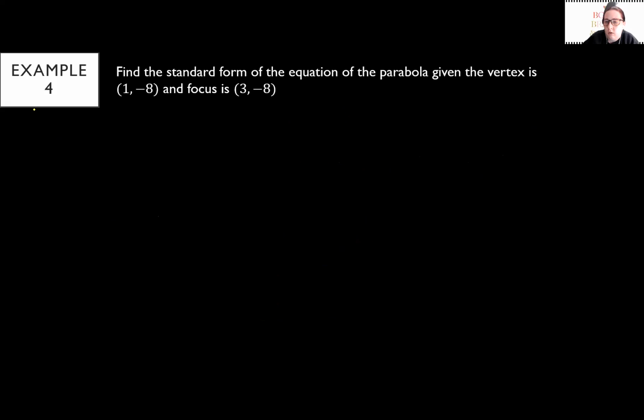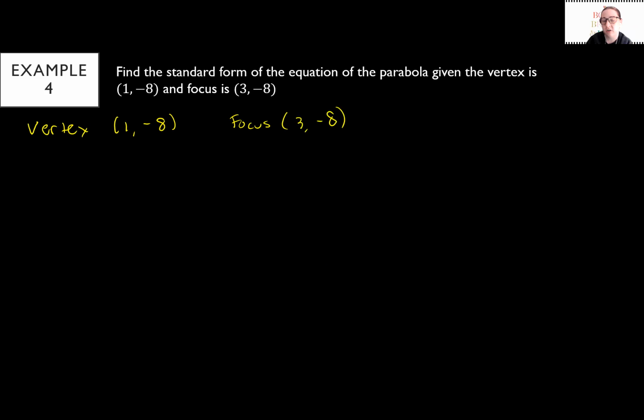Okay, so here we want to find the equation again. We've got the vertex at (1, -8) and then the focus at (3, -8). So I'm going to just start by rewriting what I've got here. So the vertex (1, -8), focus is at (3, -8).